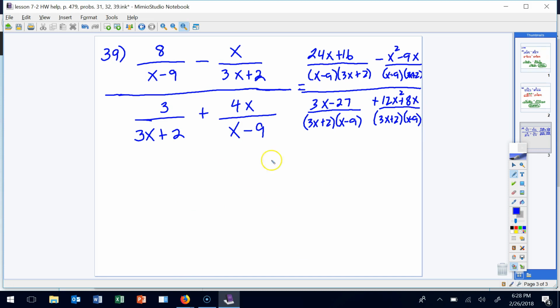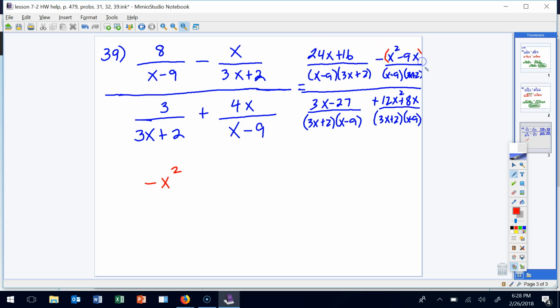We are now ready to put these two different fractions, being subtracted and being added, together into single fractions. So let's take the top part of the complex fraction, and when we put those together, combining like terms in the numerator, we would have negative x squared, and then we have 24 minus negative 9.